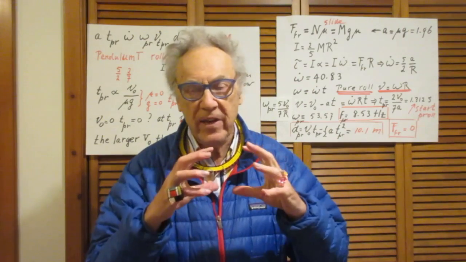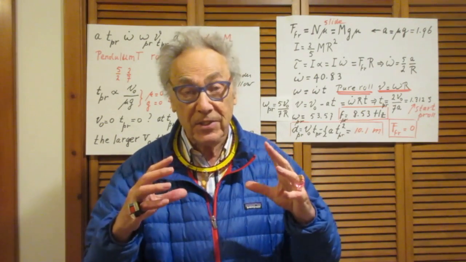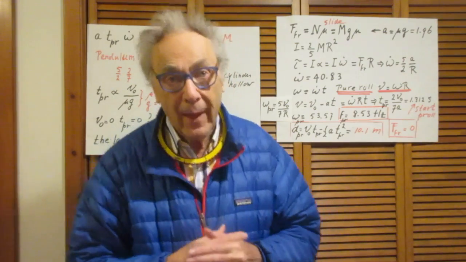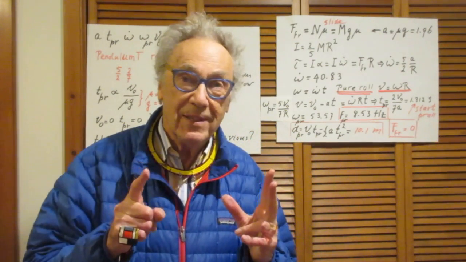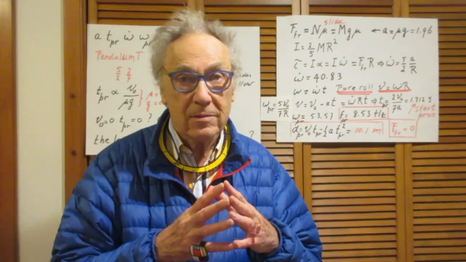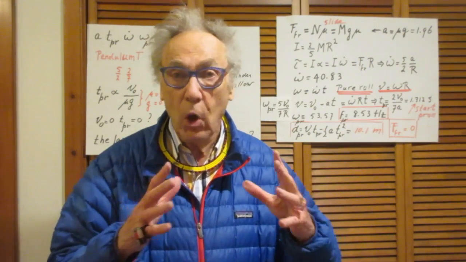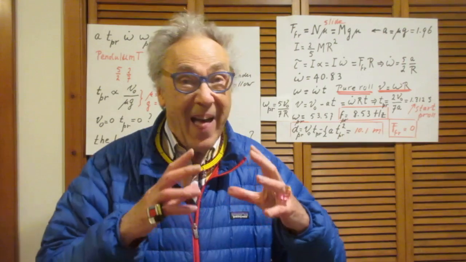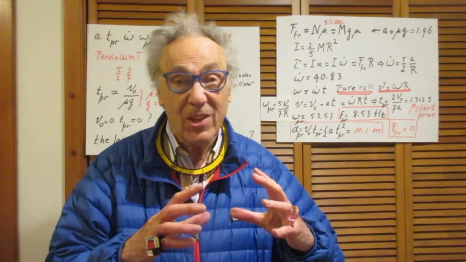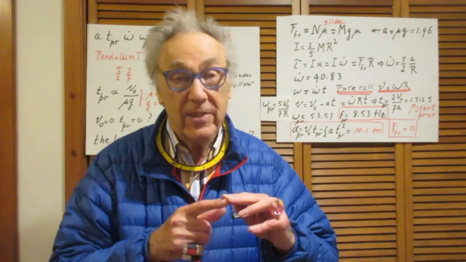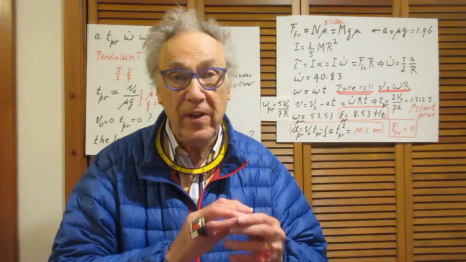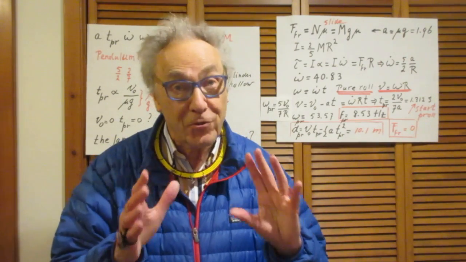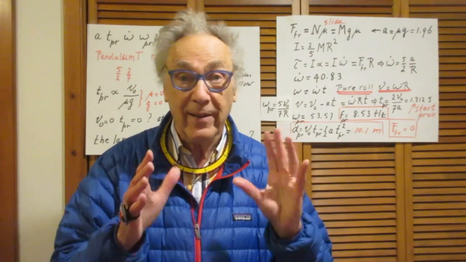I do it with spheres, I do it with cylinders, with hollow cylinders, with hollow spheres. In all these cases, if you compare 10 different types of spheres, then the time that it takes to roll down is independent of the mass of the sphere, independent of the radius of the sphere. Not so obvious, but it's true. And I do a demonstration, I demonstrate that.